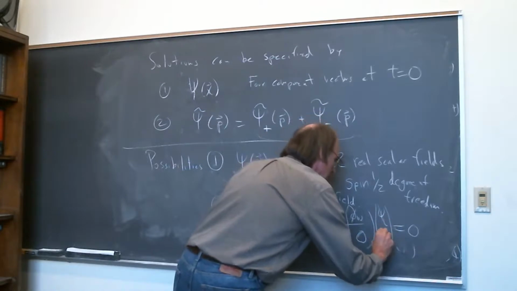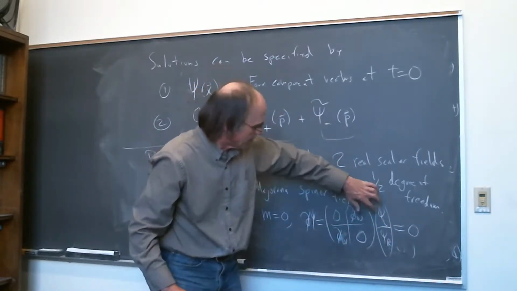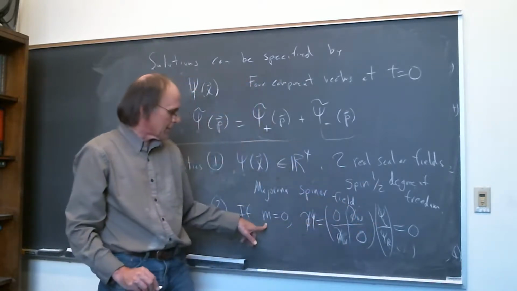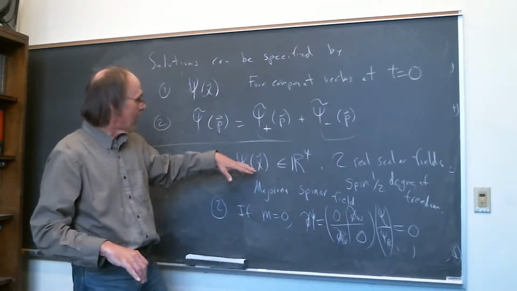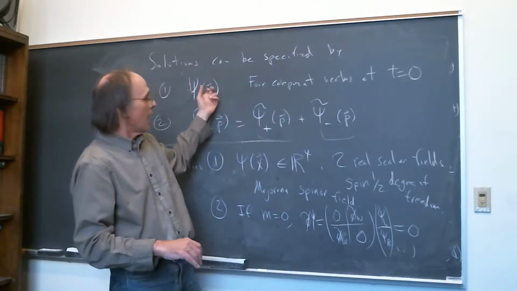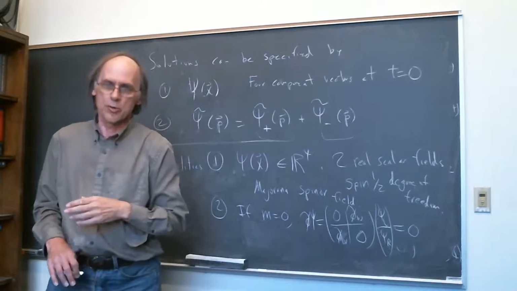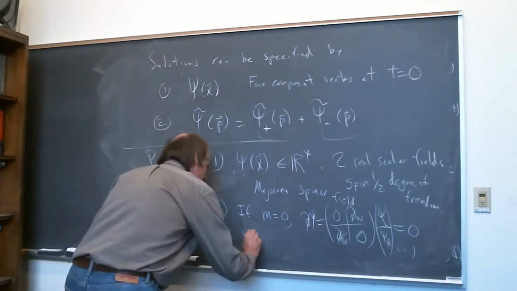Anyway, at m equal to 0 these degrees of freedom decouple, and instead of having 4 complex degrees of freedom in general, at a point you can just restrict and look at 2 of them, and these are going to become Weyl spinor fields.